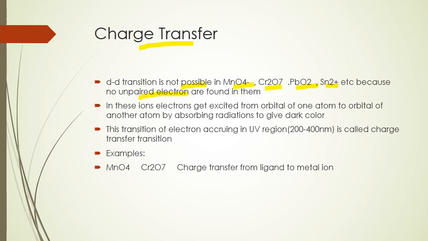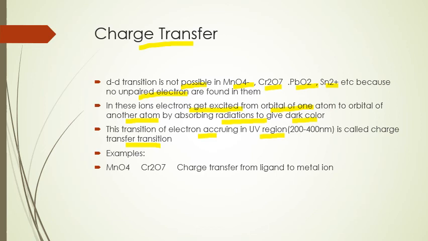In these ions, the electrons get excited from the orbital of one atom to the orbital of another atom by absorbing radiation and giving a dark color. The transition of the electron occurring in the UV region is called charge transfer transition.